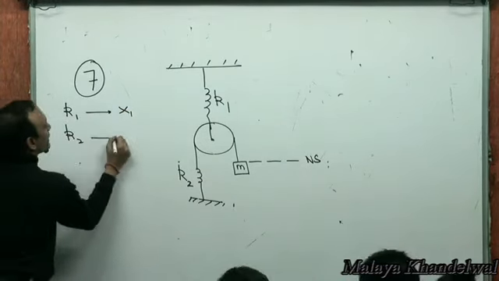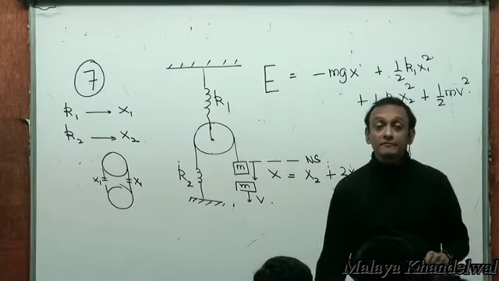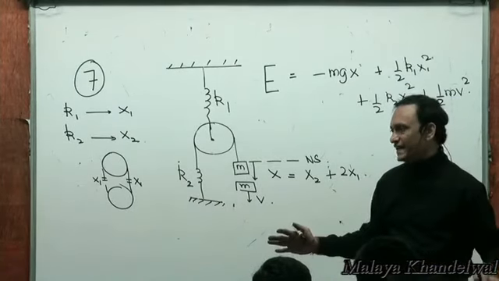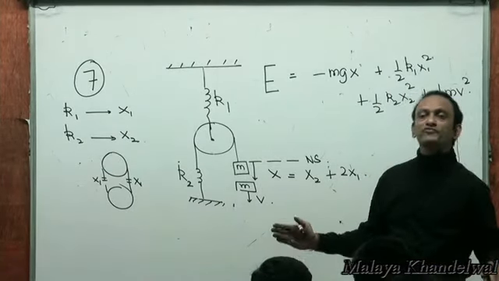No? Plus half mv squared. I need to write everything in terms of x. x1 and x2, therefore, I need in terms of x. And then I'll say dE/dx equal to 0 and perform the last rites.